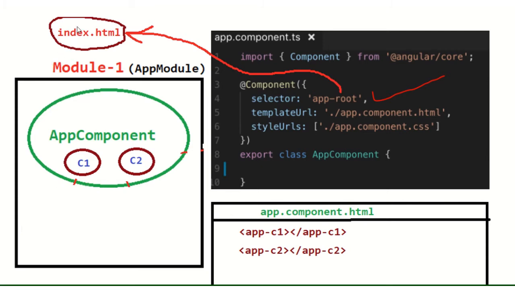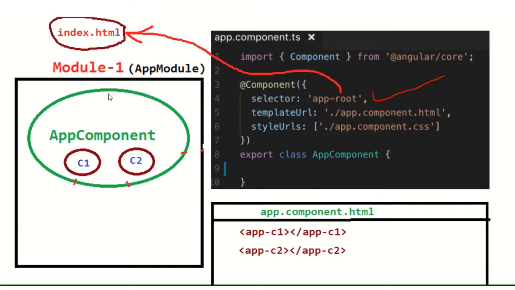So this is a single page application. Basically, we use Angular for single page applications, and that single page is index.html. Index.html is the only one page, and all action or functionality happens inside this index.html. There is no other page.